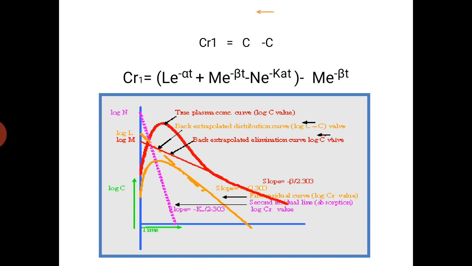Now we need to determine the distribution rate constant from the equation CR1 is equal to L e raised to minus alpha t minus N e raised to minus k_a t, for the distribution as well as the absorption process. Absorption will be completed initially, rather than the distribution.